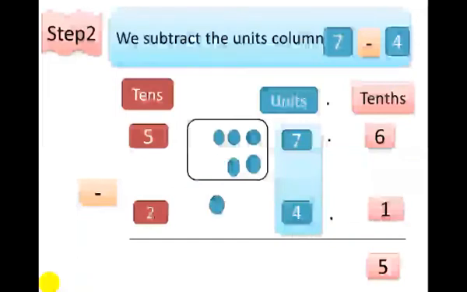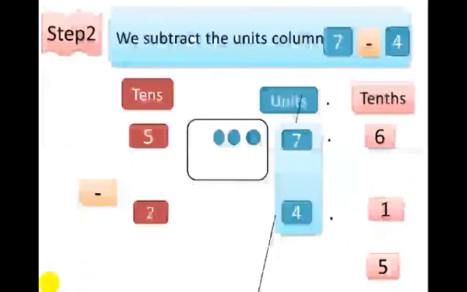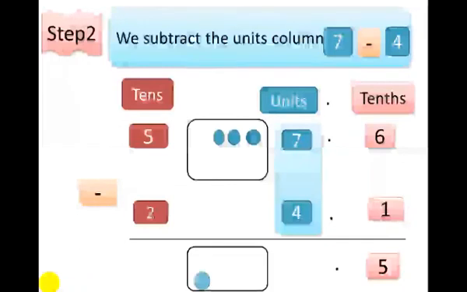Remember, before you put the answer for the units, you place your decimal point. 7 units minus 4 units equals 3 units.